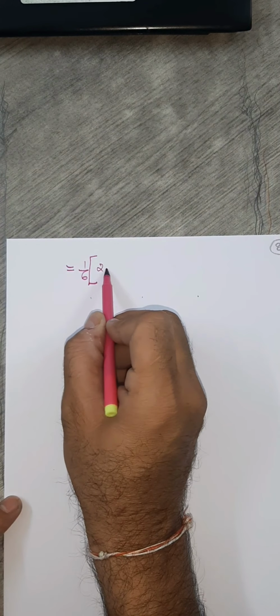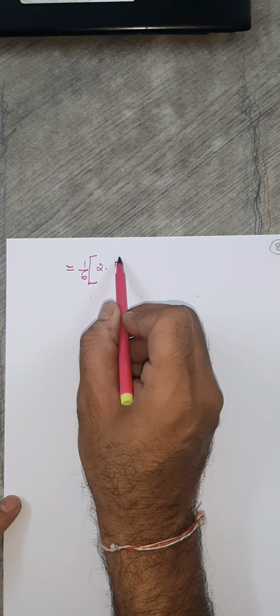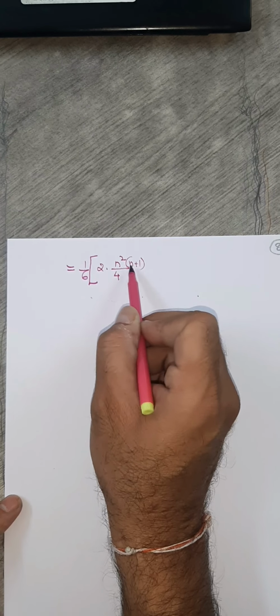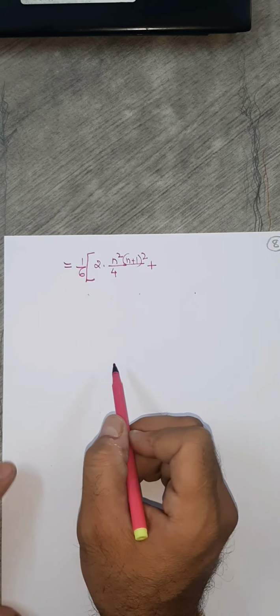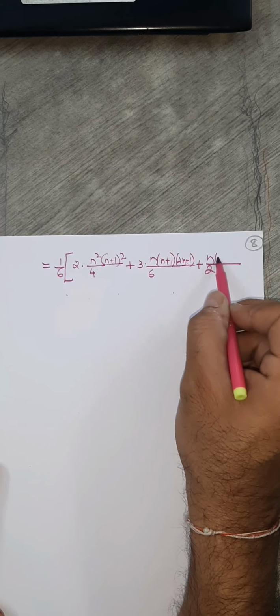So 1 by 6 as it is, 2 as it is here, and the sigma k cube formula, which is n square by 4, n plus 1 the whole square, plus 3 as it is. This is n by 6, n plus 1 into 2n plus 1. And the last one that we know is n by 2 into n plus 1.